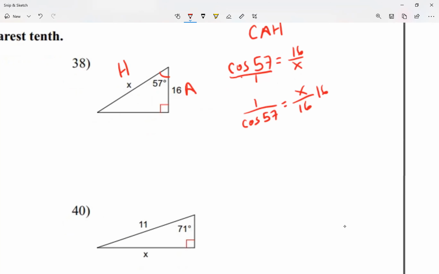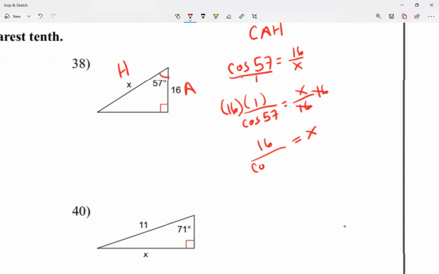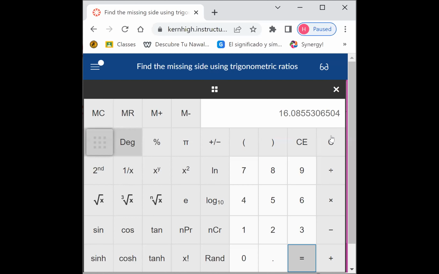Now, I will multiply by 16 to get x by itself. On the left side, 16 times 1 is 16 over cosine of 57. So when I go to my calculator, I'm going to go 16 divided by cosine of 57. So let me grab my calculator here. Clear this out.